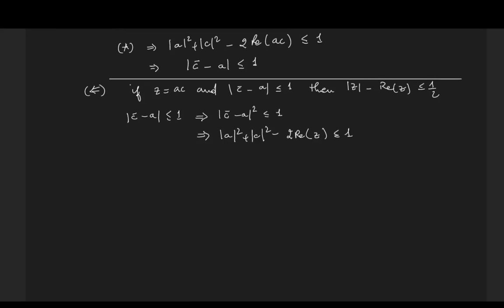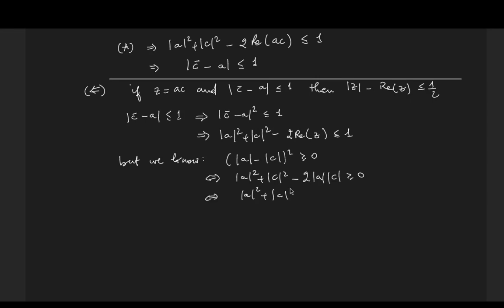But we know that (|a| - |c|)² is positive. That means that |a|² + |c|² - 2|a||c| is greater than 0, and that means that |a|² + |c|² is greater than 2|a||c|.